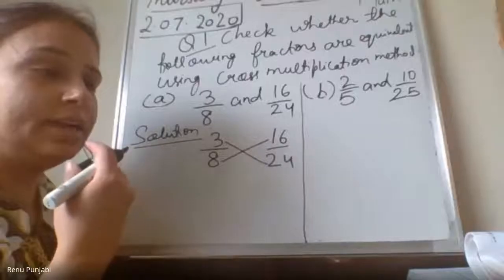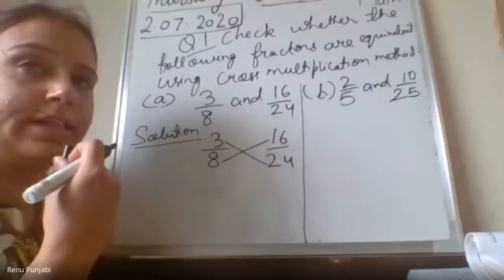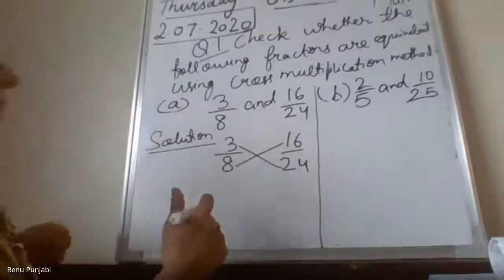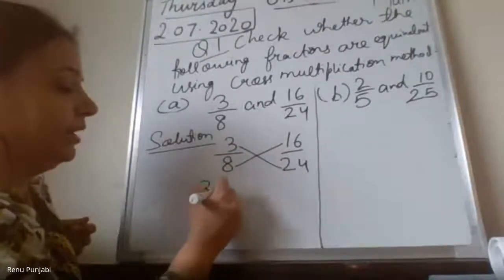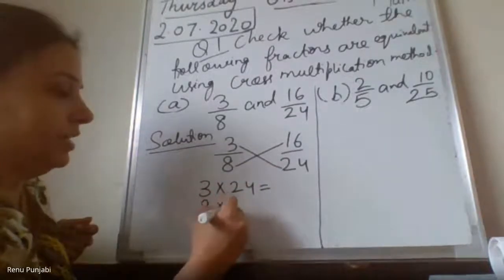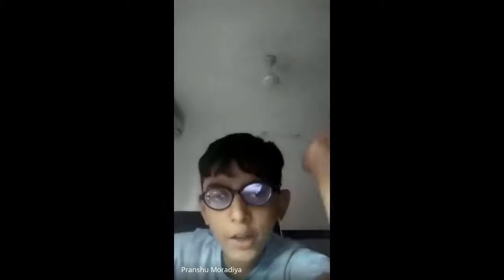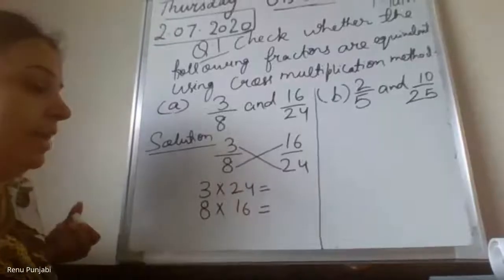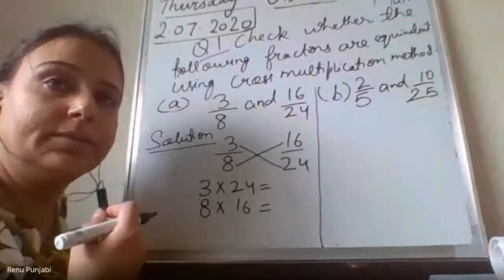It is not in your textbook, but the concept is there in the textbook. So now we will check 3 into 24 and 8 into 16. Let us check whether it is equal or not.